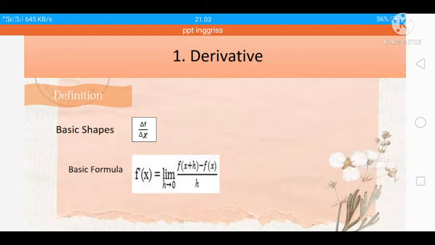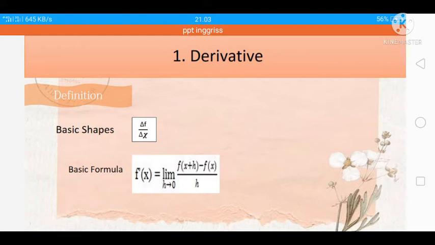And the derivative can also be written as a limit: f'(x) equals lim h approaching 0 of (f(x plus h) minus f(x)) over h.